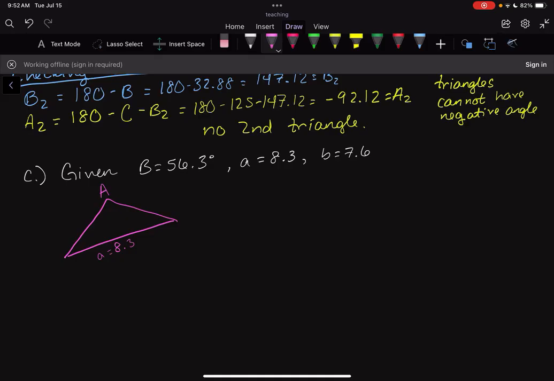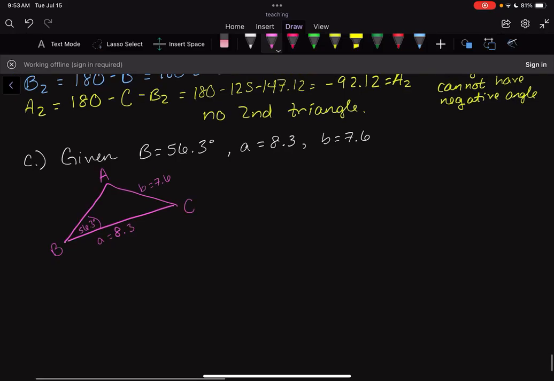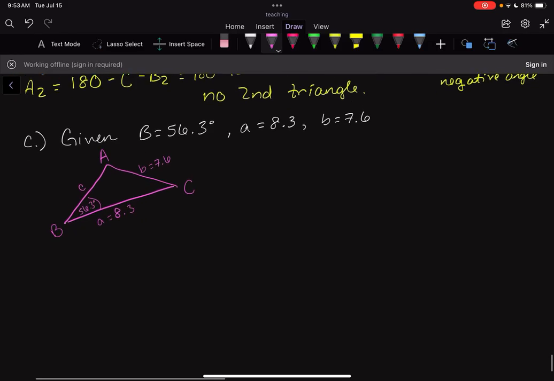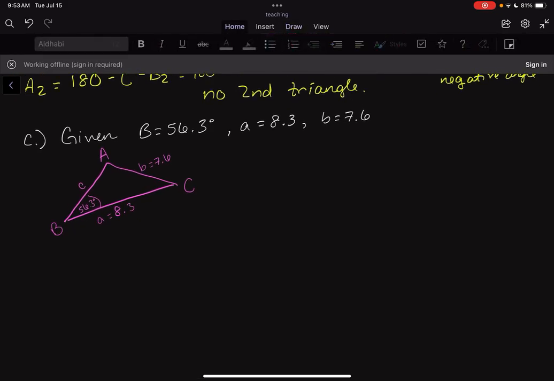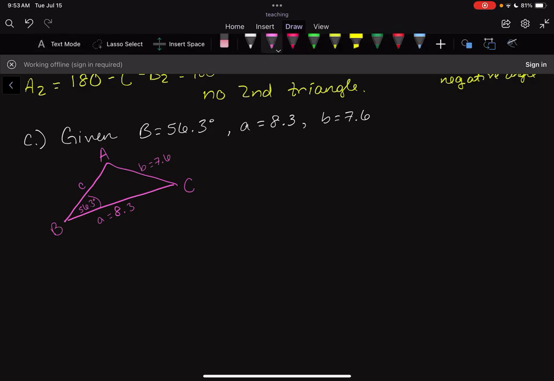I'm going to put B right here for no reason whatsoever. I just am. And I'll put C right here.